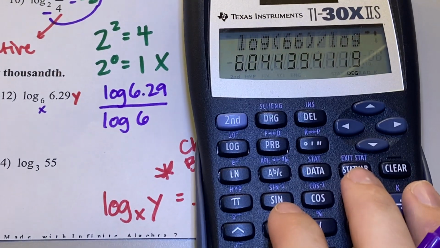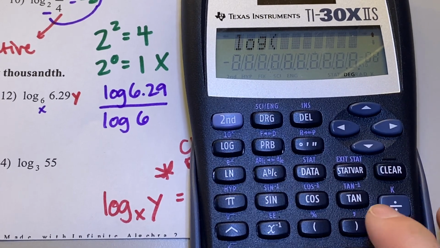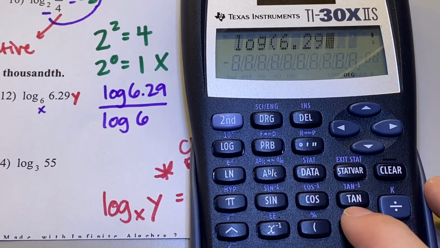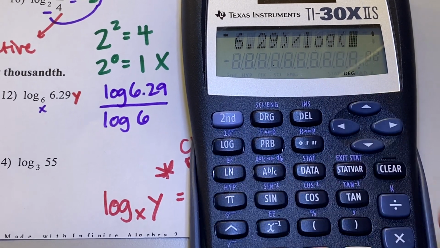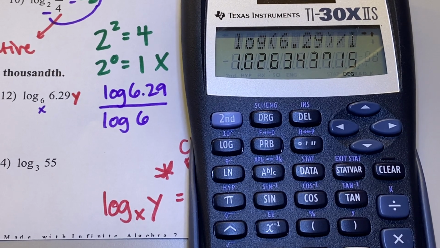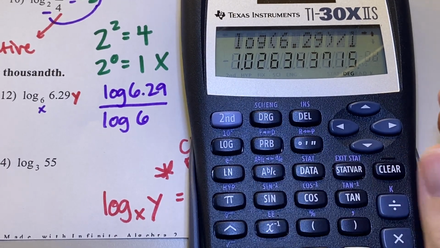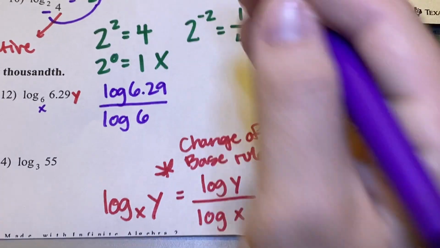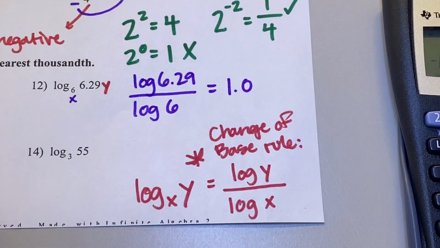Okay, let's punch it into our calculator so we can see how we do it again. Log of 6.29, close parentheses, divided by log of 6, close parentheses. And what are we going to round this to? Is the 2 going to push this up to a 1 or keep it a 0? Keep it a 0. 1.0.